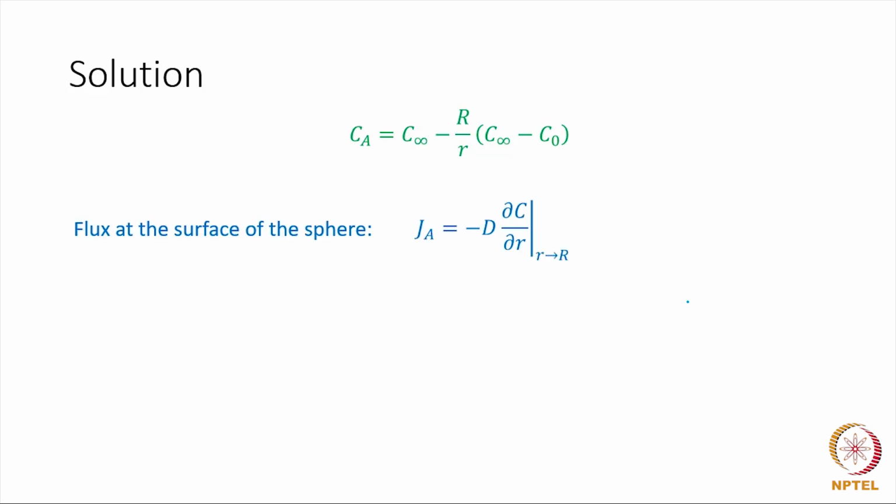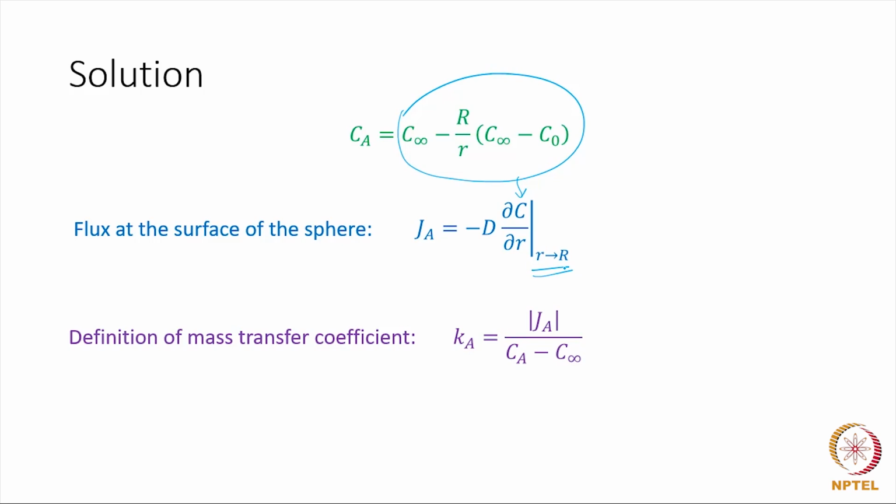Now when we evaluate the flux at the surface of the sphere, we basically take this particular solution that we have obtained and substitute into the expression for evaluating the gradient of composition, and use that to get the flux at the surface of the sphere, and we evaluate that quantity at r equal to capital R. And we know that this flux has to be defined as the mass transfer coefficient Ka times the difference of the two relevant compositions, which means that we are actually using the definition of Ka to evaluate.